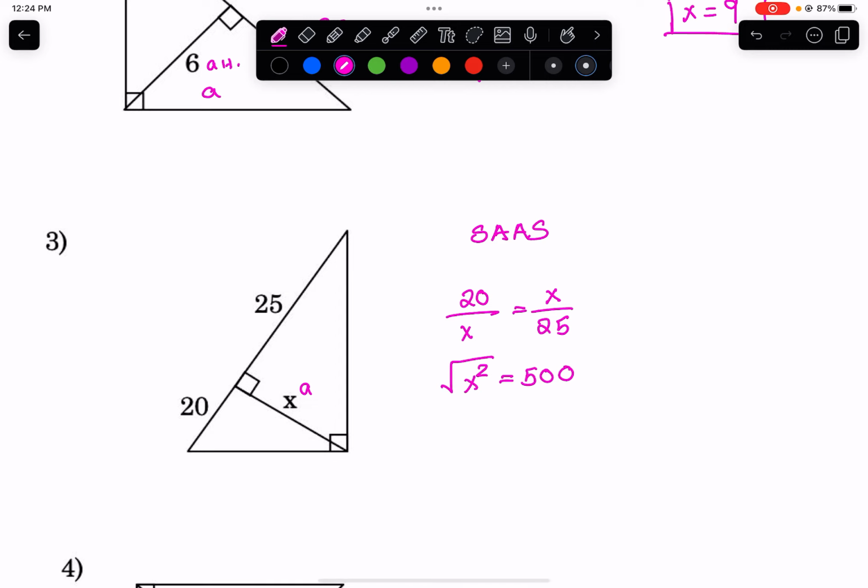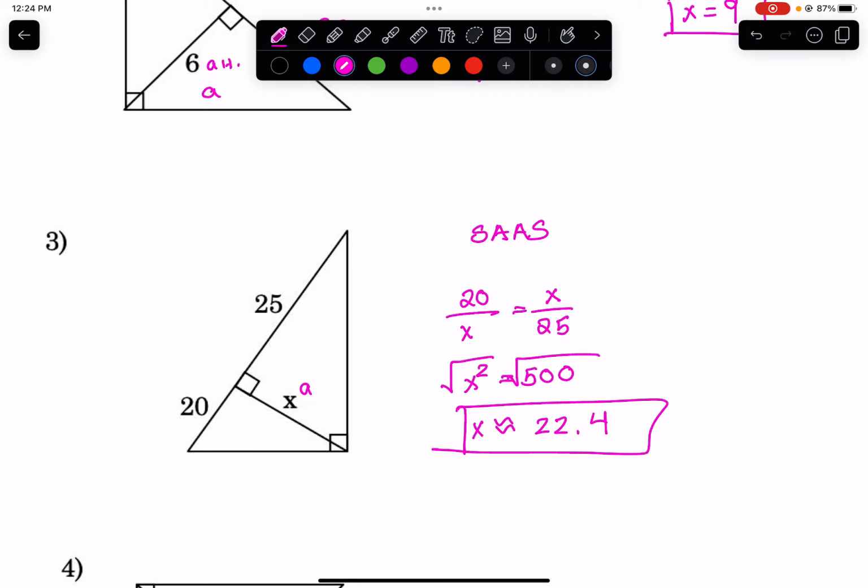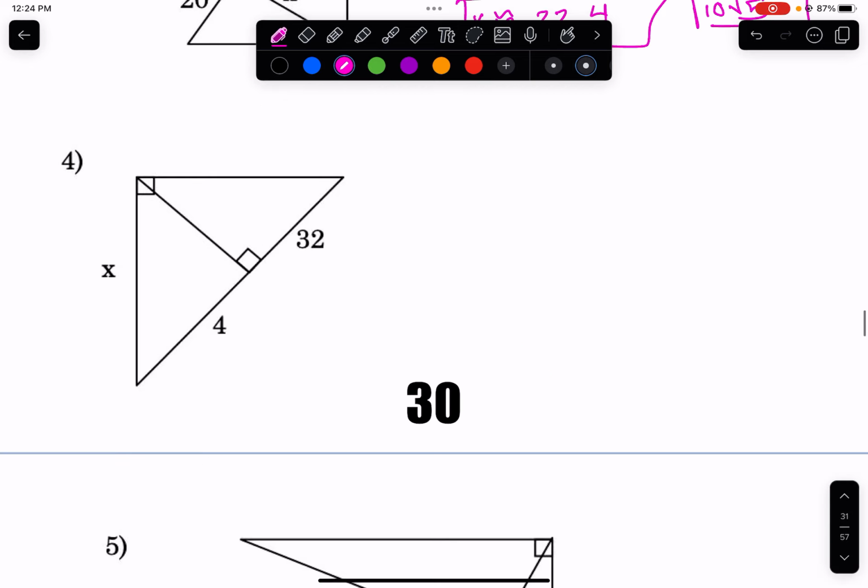Now we have a square, so we have to take the square root of 500. Let's round this to the nearest tenth, so 22.4. You also could have simplified the radical. Underneath this is 100 times 5, and the square root of 100 is 10, so 10 radical 5 if you want to be precise.